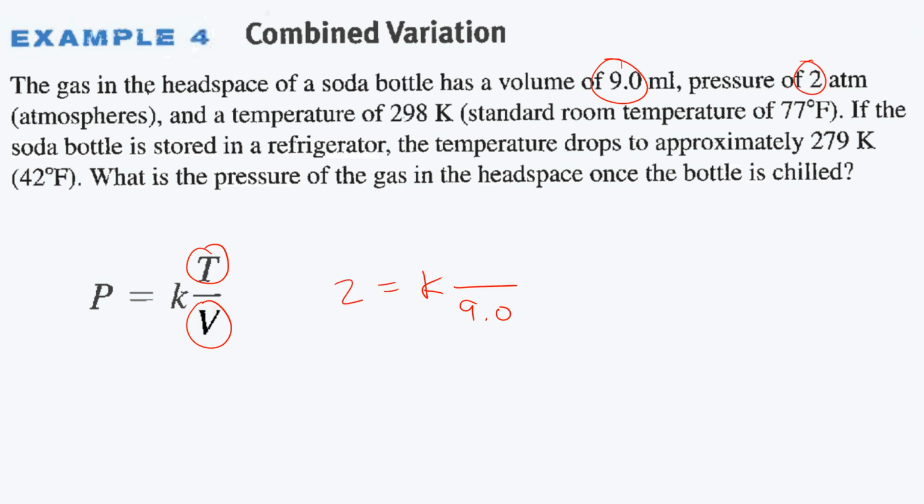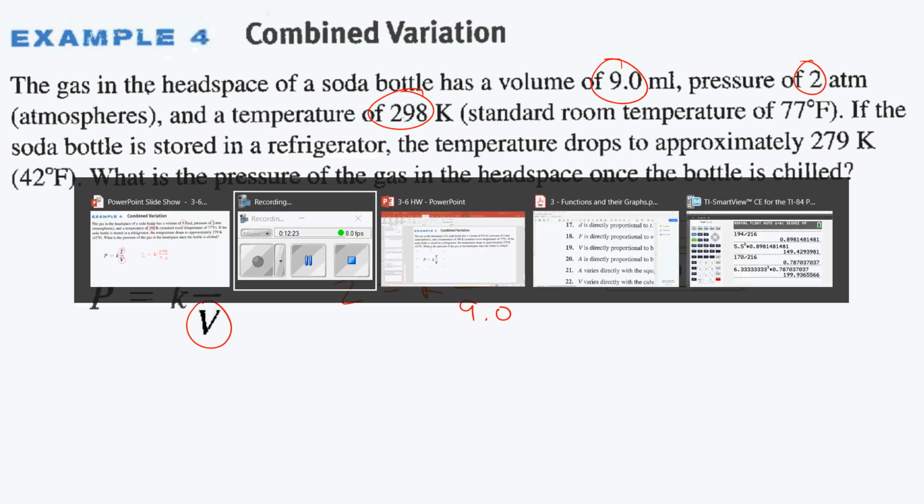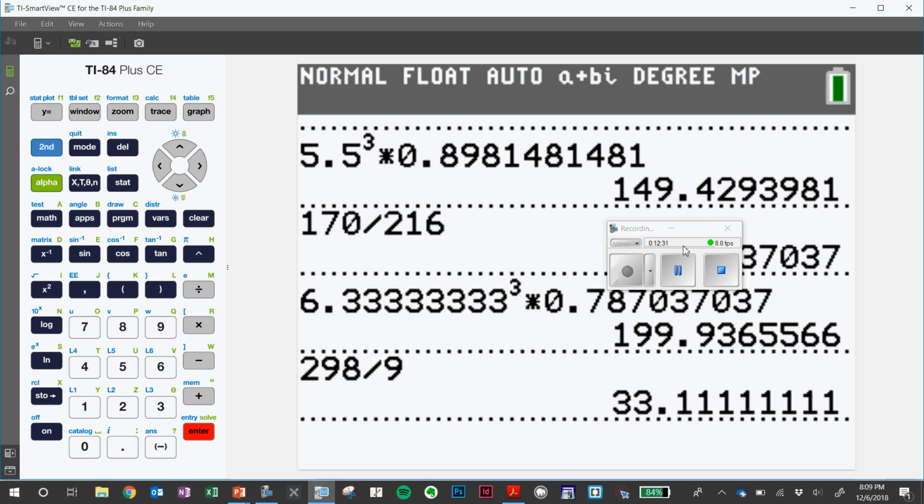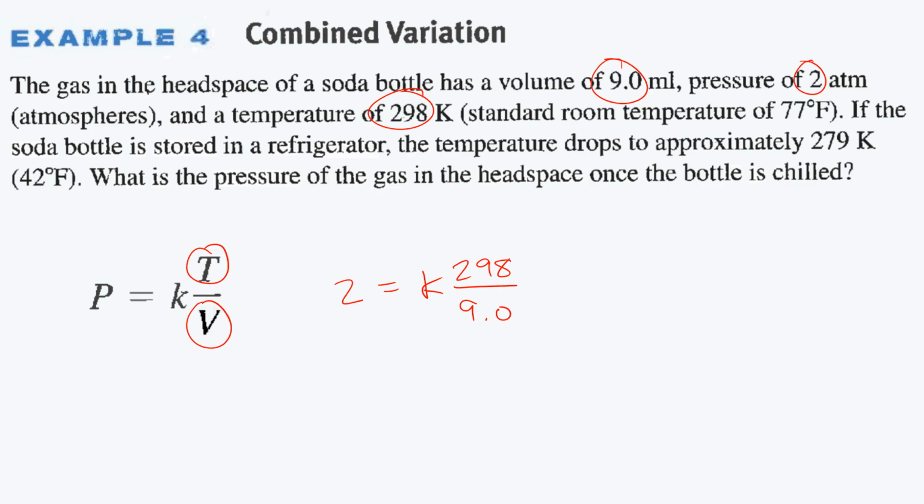And then we're going to have a temperature of 298. So 298 here. All right, so we'll do 298 divided by 9. Calculator. 298 divided by 9 is 33.11. We'll get this out of the way. 2 equals K times 33.11.